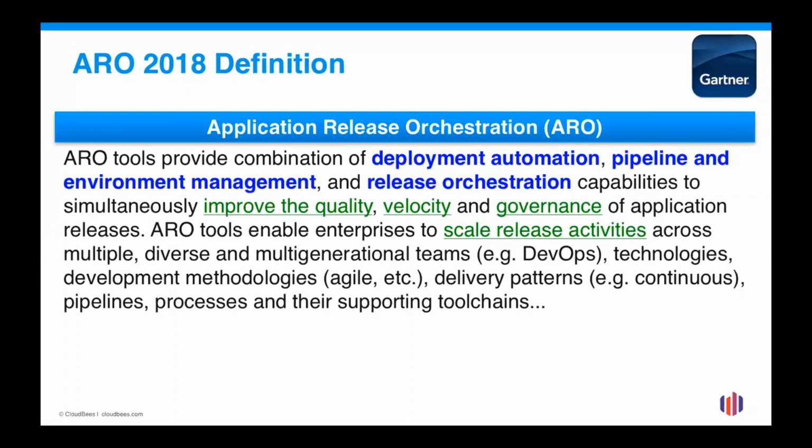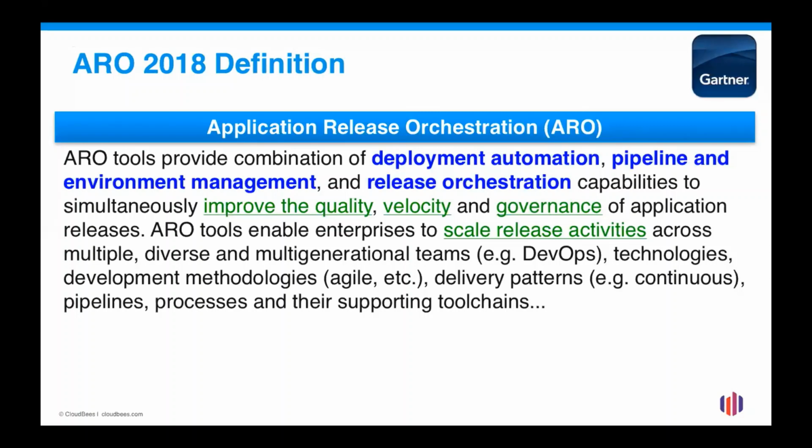And the third aspect, which puts them all together, is release orchestration: how to put all that together to orchestrate, to control, to have all the insights on the releases. What applications and what versions of applications will go through the pipeline? Will they go together?